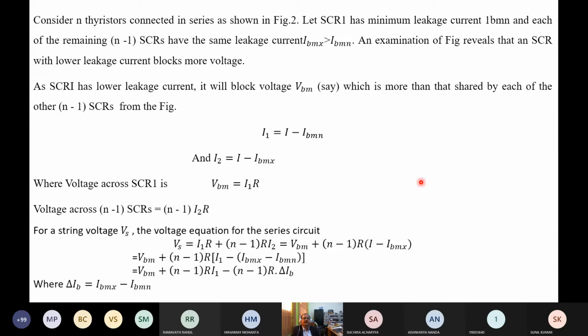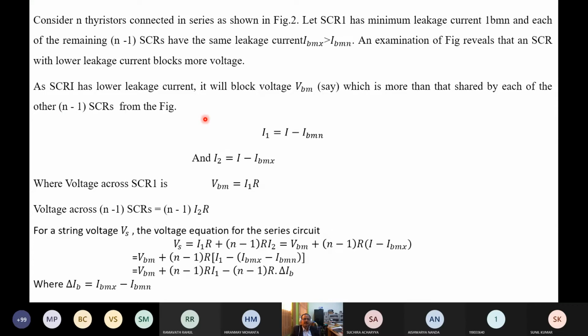Let SCR1 have minimum leakage current, and the rest of the n-1 SCRs have maximum leakage current. We have seen in that waveform that the thyristor having the minimum leakage current blocks the maximum voltage. So let the voltage across SCR1 be VBM, which is more than that shared by each of the n-1 SCRs.